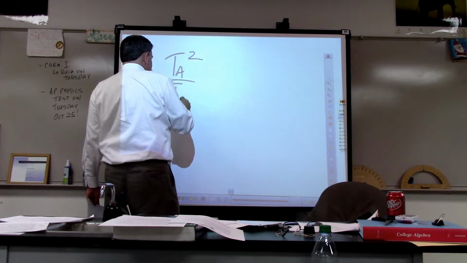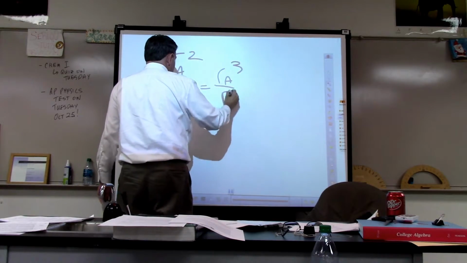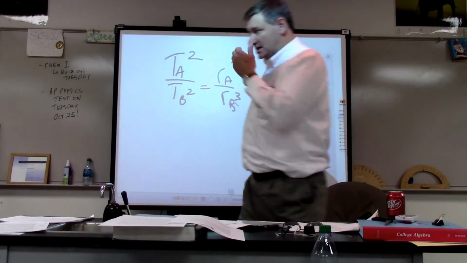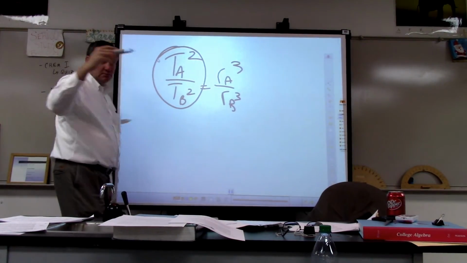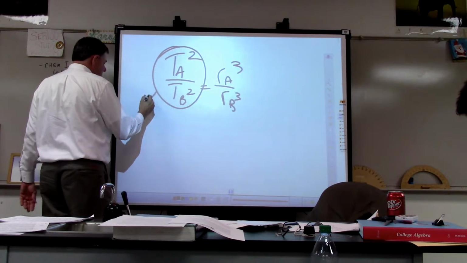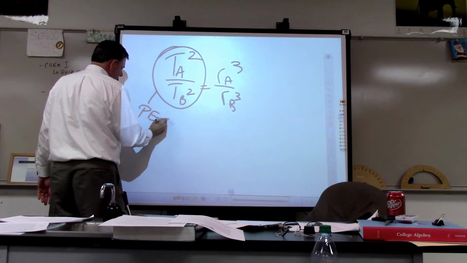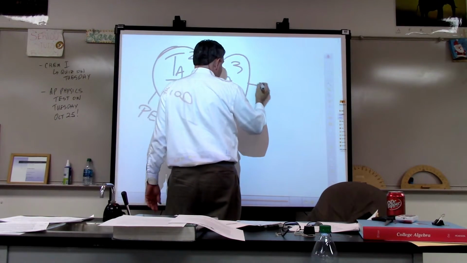You got TA squared over TB squared equals RA cubed over RB cubed. So what this does is, the big T's are going to stand for period. Okay, this is the period for one rotation. So this is period, and then the R's are going to be what? Radius.